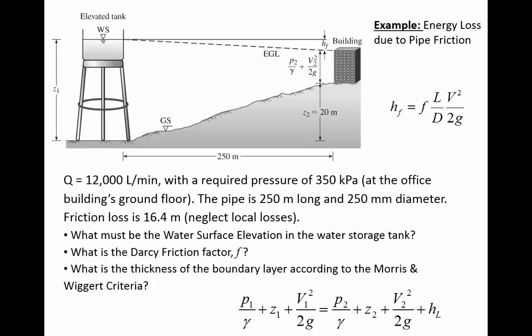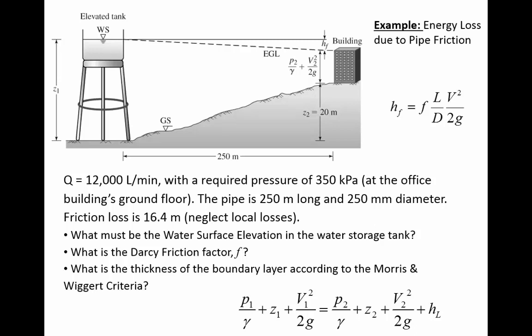As a reminder, there's two components to head loss. Head loss, H sub L, consists of the pipe friction, H sub F, which you calculate based on this formula, and H naught. H naught are the local losses that are caused by pipe bends and flow-through fittings like a valve. The way that you would calculate the magnitude of a local loss is K V squared divided by 2g.